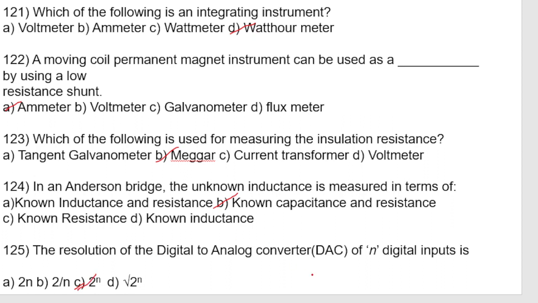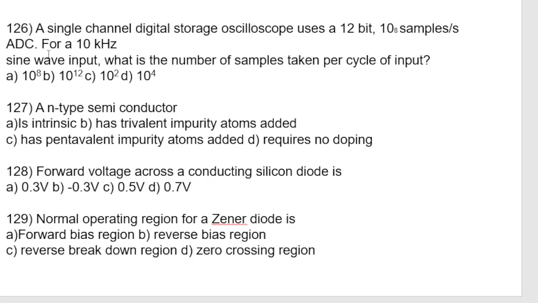It is correct. A single channel digital storage oscilloscope uses a 12 bit, 10 to the power 8 samples per second ADC for a 10 kilohertz sine wave input. What is the number of samples taken per cycle of input? So it is 10 to the power 4.